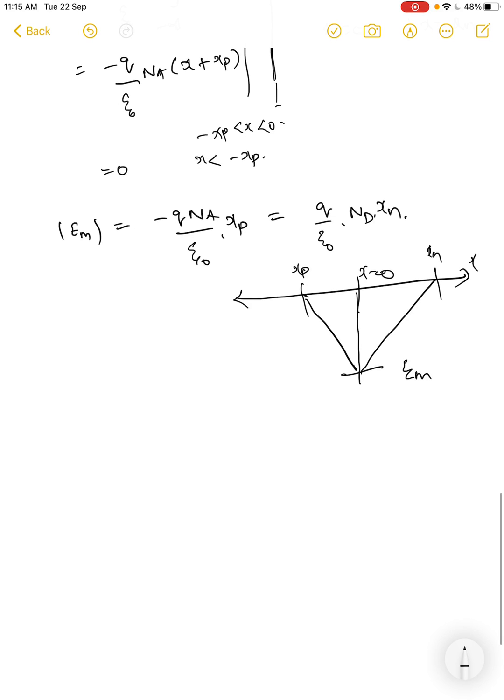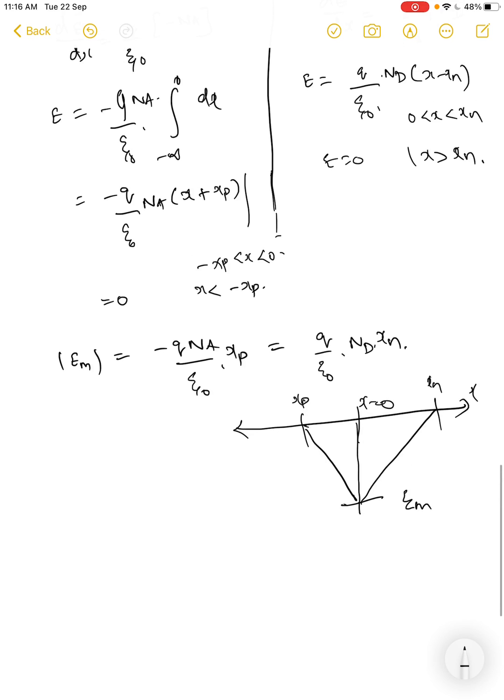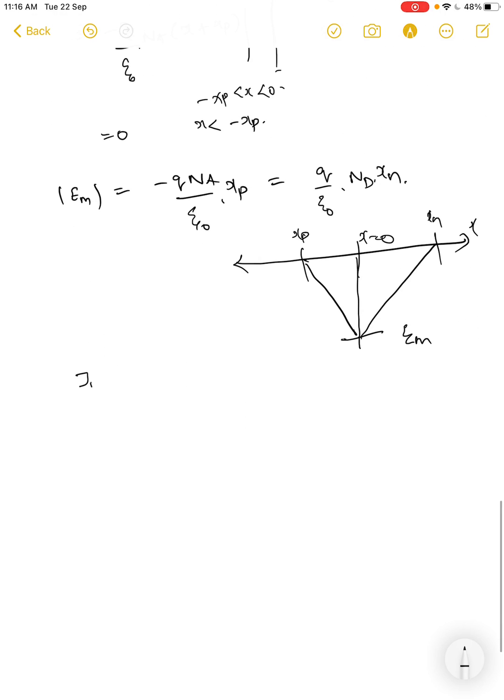So now that we have the electric field, let us calculate what the potential will be. The potential can be calculated by many means. Let us go ahead with our initial description, the first way in which we described that Jn equals 0. So now let us calculate the potential profile.